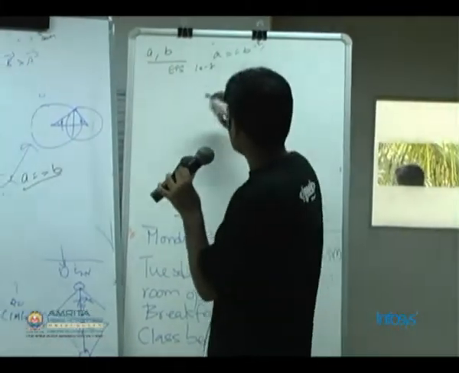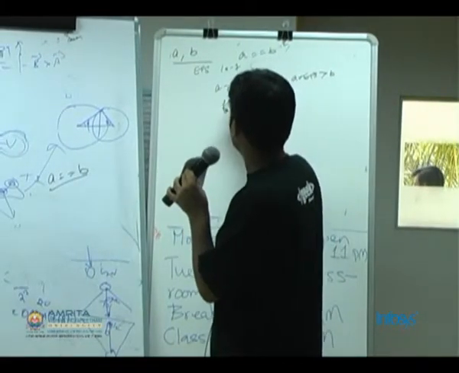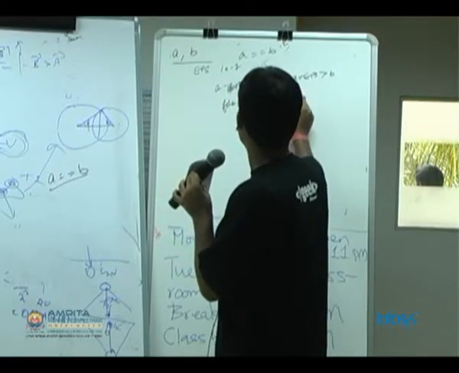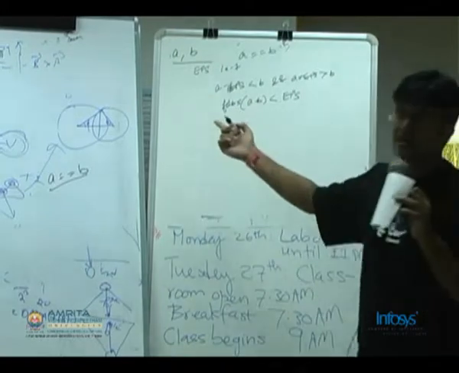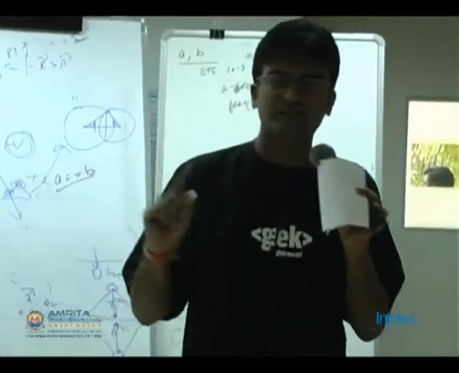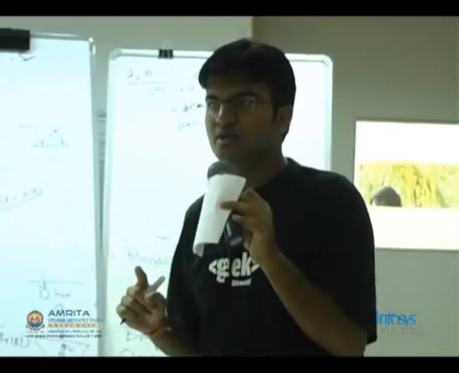So you can have comparisons like FABS of A minus B is less than epsilon. One more thing: you have the ABS function in C++ to give you the absolute value. That ABS function does not work on floating point numbers.